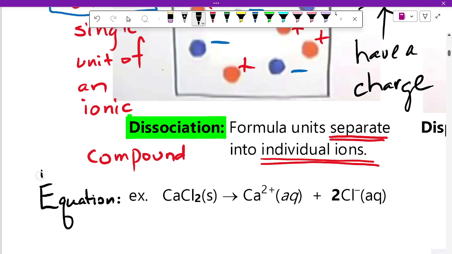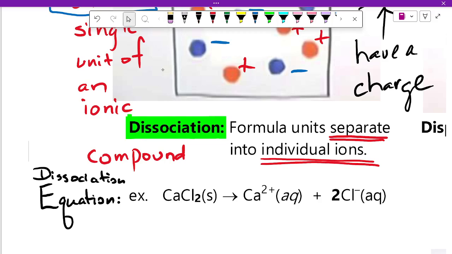This is a dissociation equation. And the reason I distinguish that is because this is a chemical formula. Yeah, NaCl, that's a chemical formula. The equation is when we've got some reactants on one side of the arrow and some products on the other side of the arrow. That's an equation.